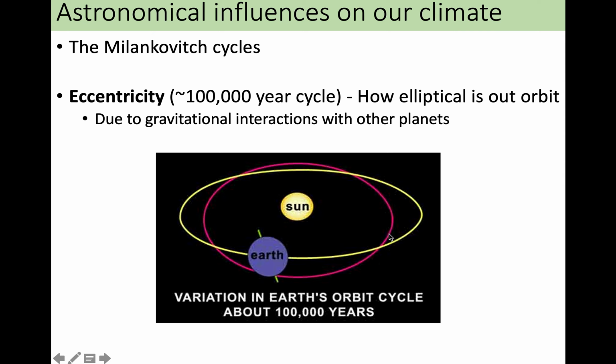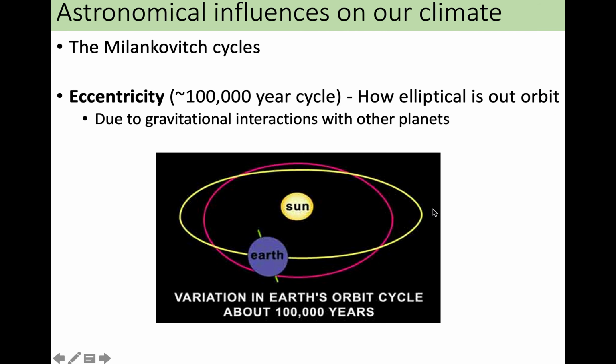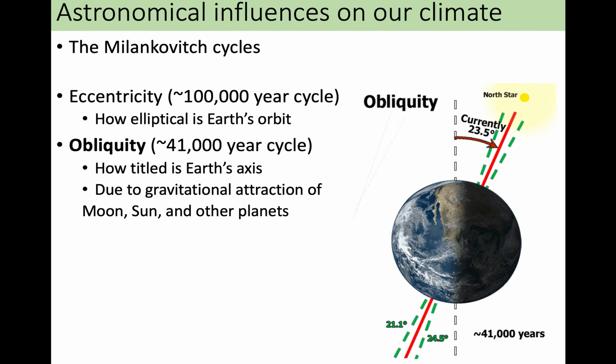This is a very dramatic diagram, so it's not as extreme as shown in this diagram, but there is a slight change in our elliptical orbit. It goes a little more elliptical, a little less elliptical in about 100,000 years. And this is due to the interactions of the gravity of other planets.